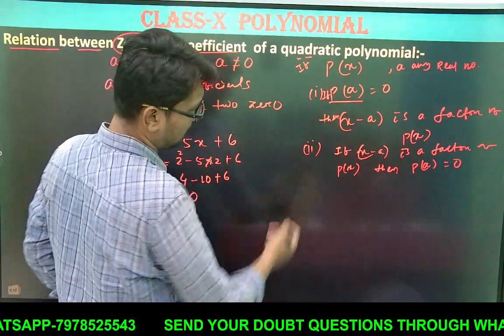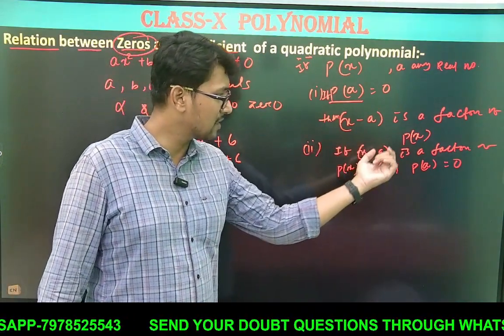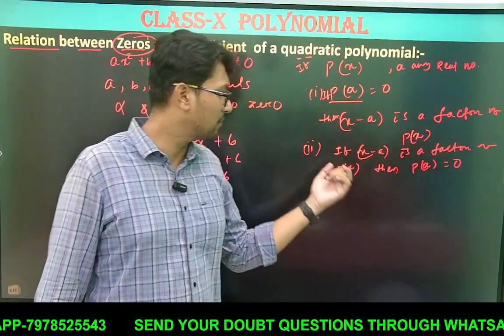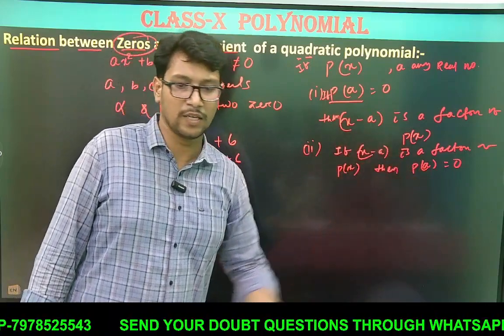Second bit: if x minus a is a factor of p of x, then p of a equals 0.